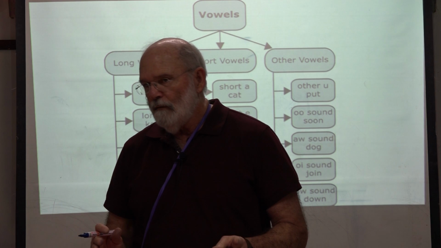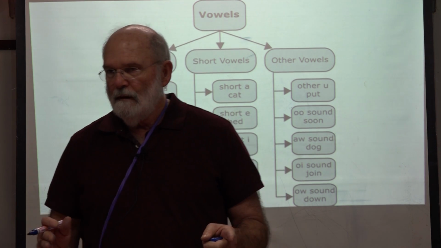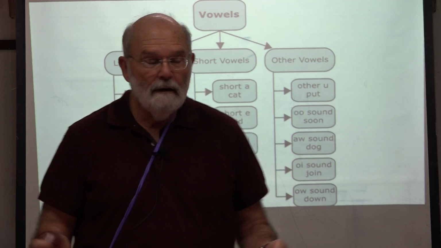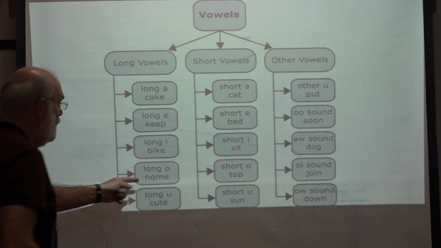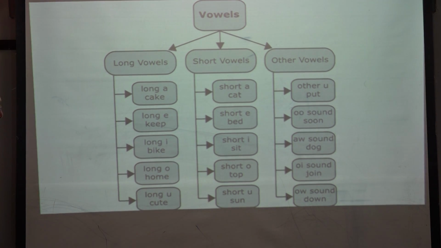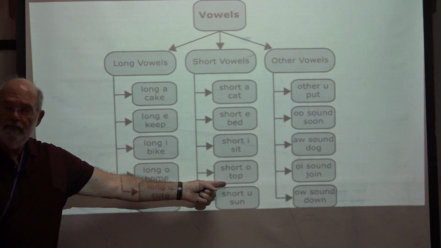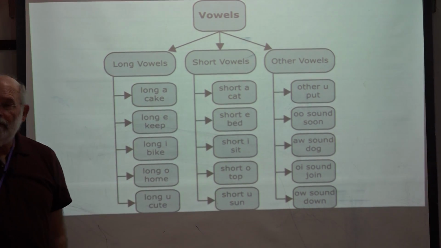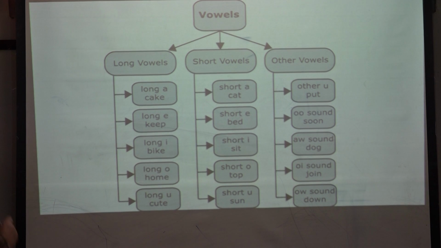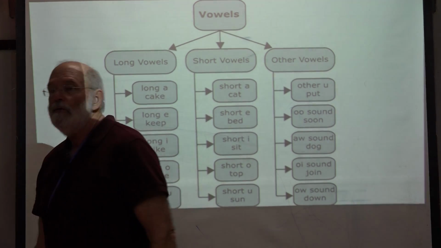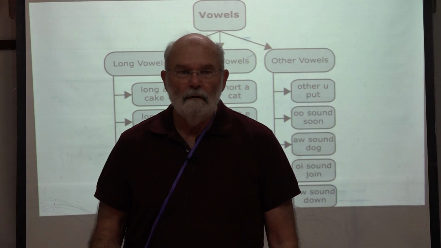So an O, when we see the O in a word, we might pronounce it O, as in home. We might pronounce it as an ah, as in top, or when you see double O, as in oo, as in soon, food.